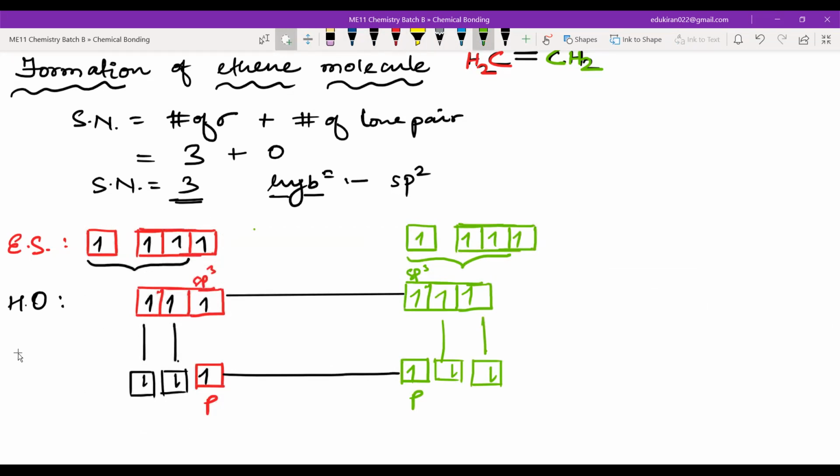You guys can start writing now. First write this. After that, we will draw the molecule, how it will be looking. So these are hydrogens.